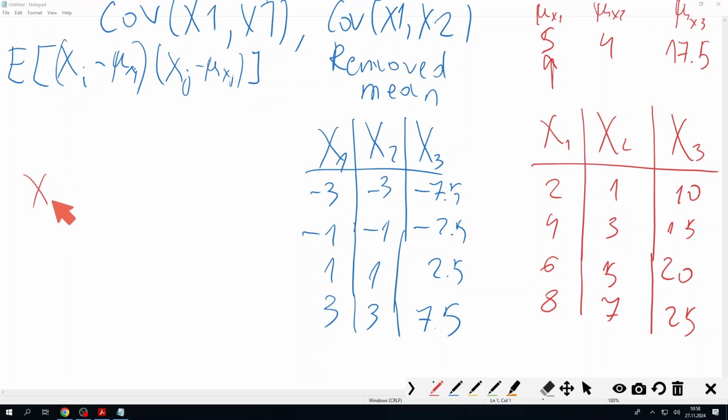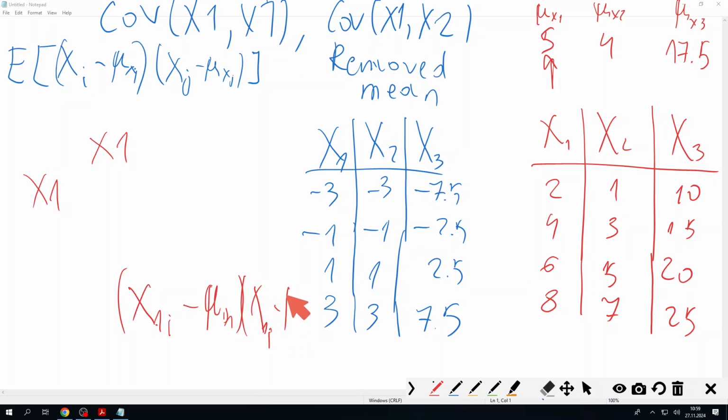So in a sense, that means, for example, if I want to calculate the covariance between x1 and x1, which will actually be a variance, which you know from probability theory, that is going to be x1i minus mu x1i multiplied by x1i minus mu x1i, summation and divided by n.